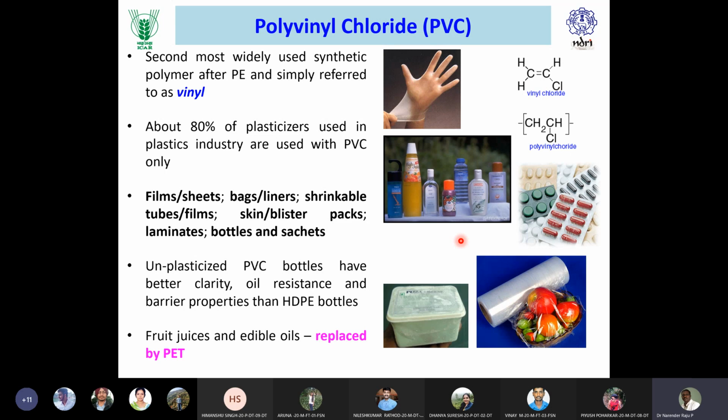But we use it to a lesser extent nowadays because polyvinyl chloride, if you look at the structure, you can see that it contains a chlorine atom, and adjacent to this you have a hydrogen atom.